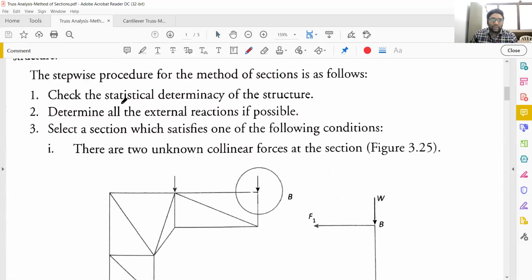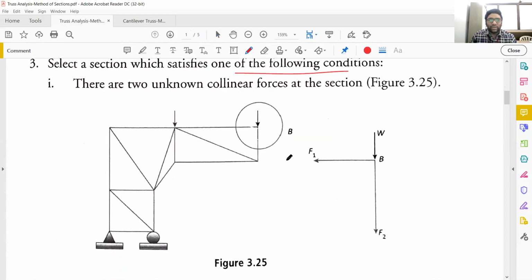Check the statical indeterminacy of the truss, determine all the external reactions, similar to what we have done for support reactions, and select a section which satisfies one of the following conditions.